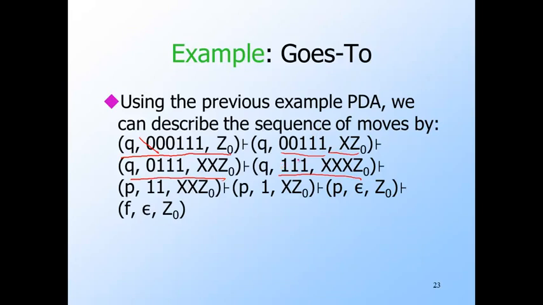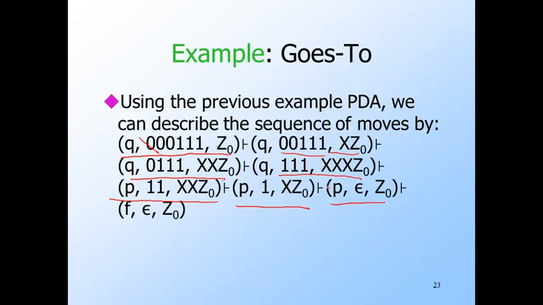Next, because the next input is 1, the state becomes P and the 1 is removed from the input. Also an X is popped, and that explains that ID. And 2 more moves pop the remaining X's, it's that and that.